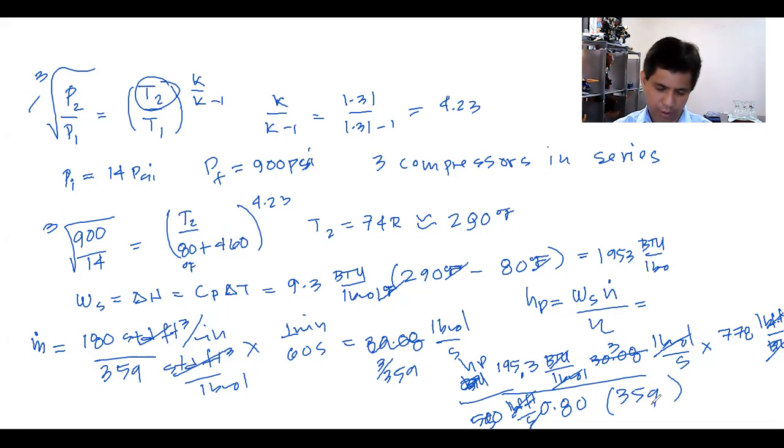So, you're supposed to get 1,953. So you're going to have 28.9 or 28.8. So the horsepower is around 28.8 horsepower or 28.9.